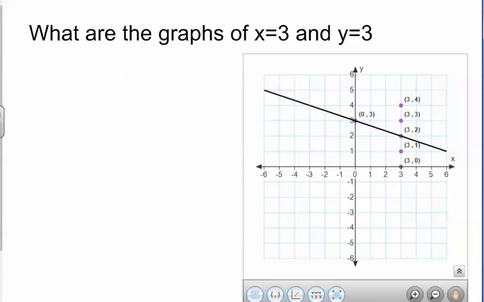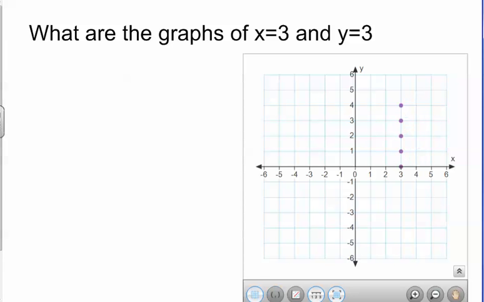Whoop, that's not right. Let's get out of that way. When y is equal to 3, we can plot the points. Oh, you know what, it's messing up with the other line, so we'll just turn this one off.